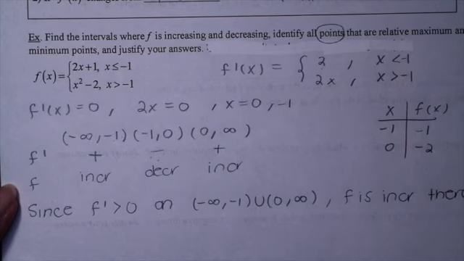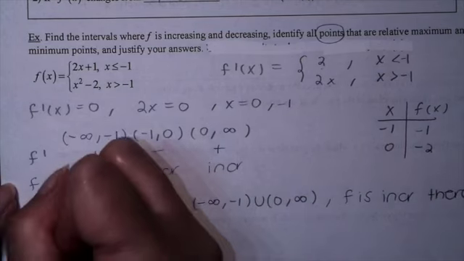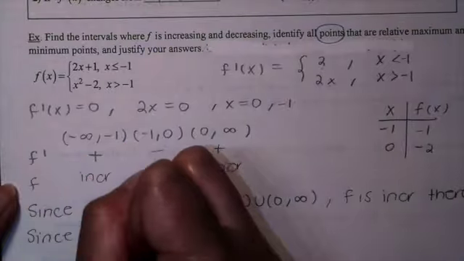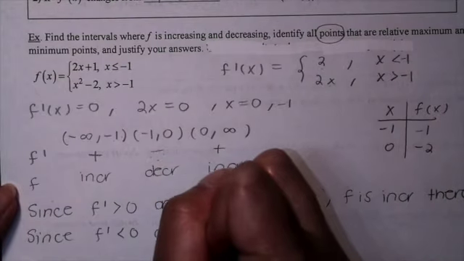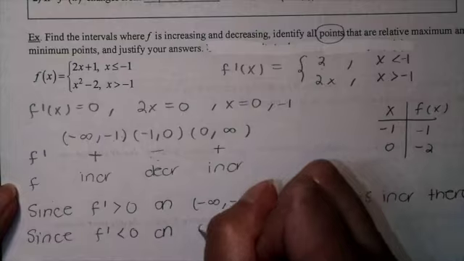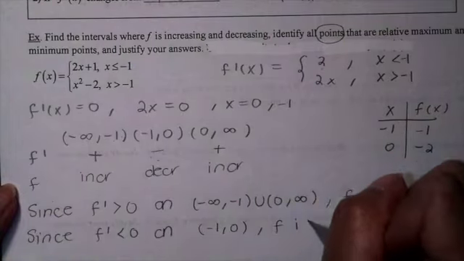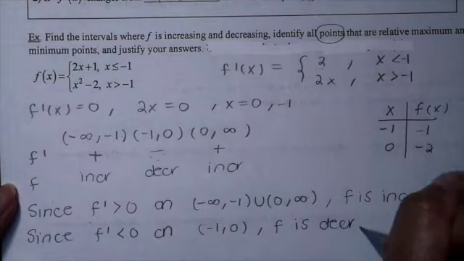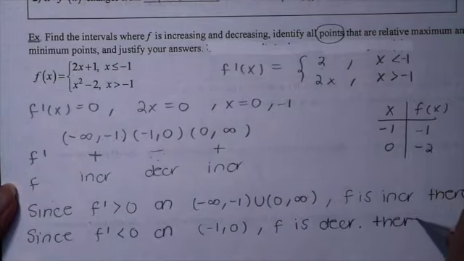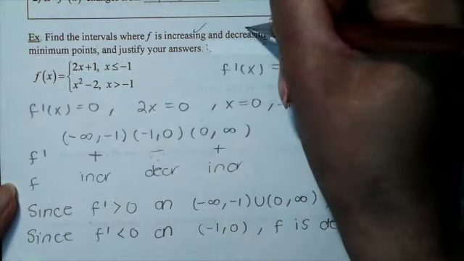Similarly, since f prime is less than 0 on the interval negative 1, 0, we can conclude that f is decreasing there. So I already took care of increasing and decreasing.